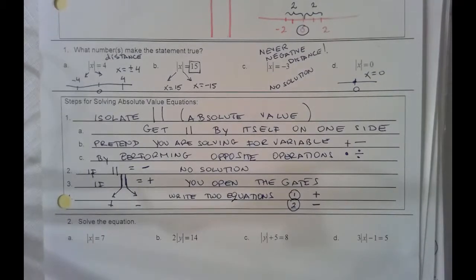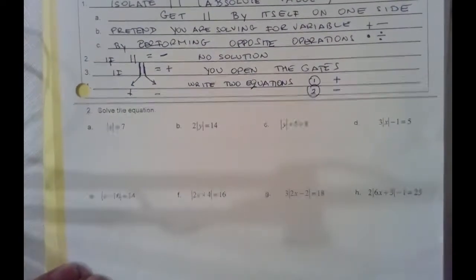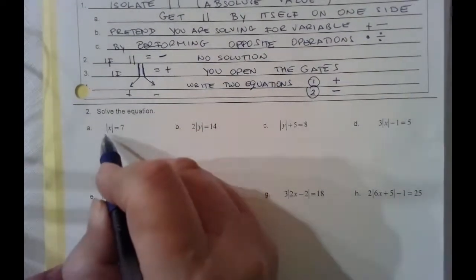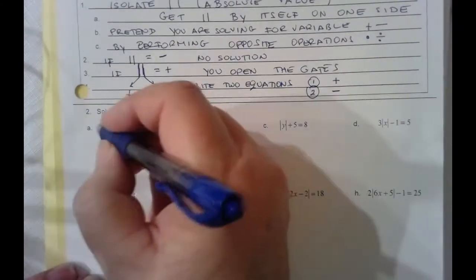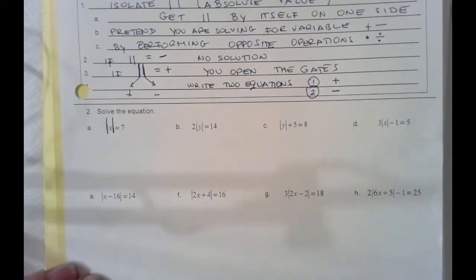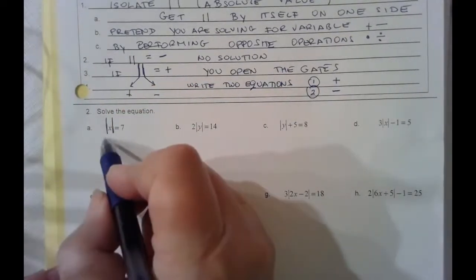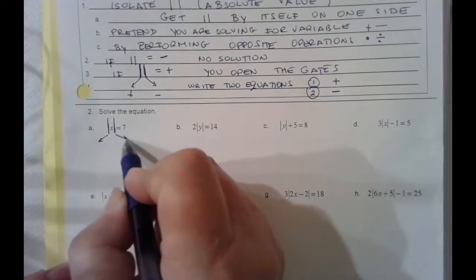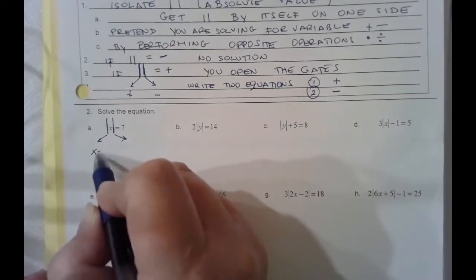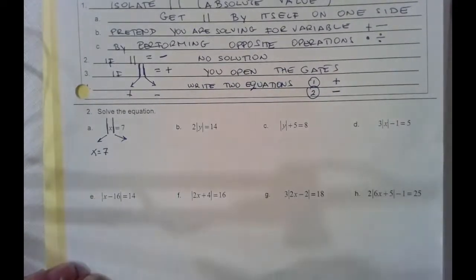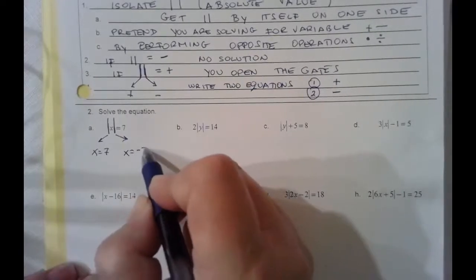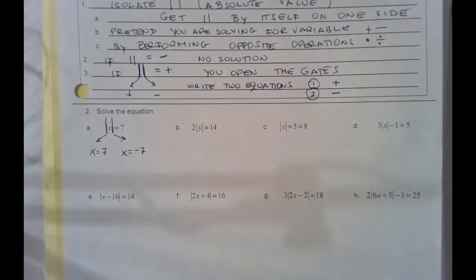For example, in the next example, 2A, I have the absolute value of x is equal to 7. My castle is by itself, so I can open the gates. The first equation is going to be positive, and the second equation is going to be negative. Two solutions.